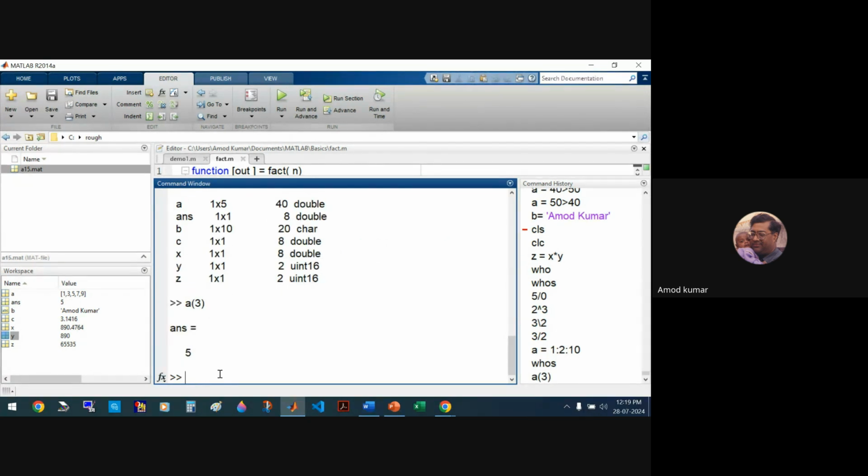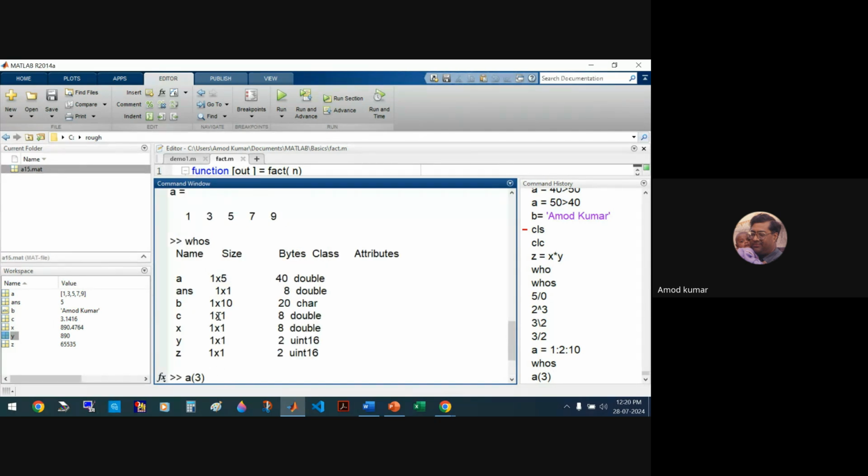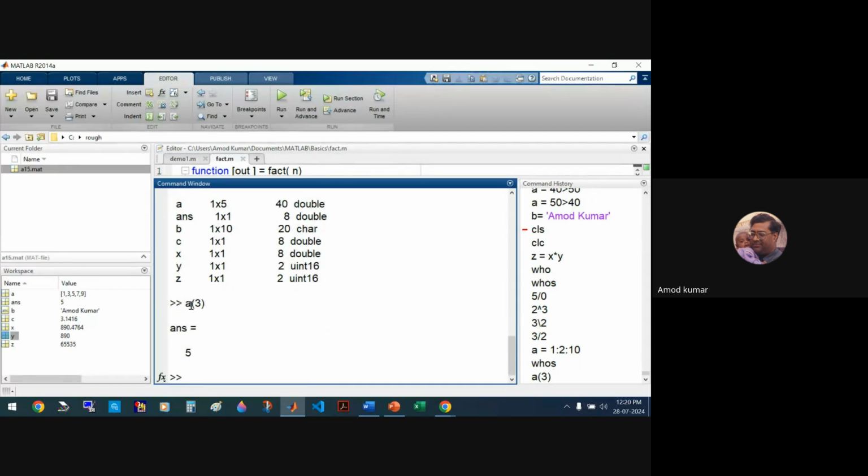As you execute this, the third element was 5. I will show you the matrix. 1, 3, 5, 7, 9. So the third element was 5. So whenever I write A3, third element will come. And you can do whatever you want to do with it. You want to multiply this by A3, so you can.